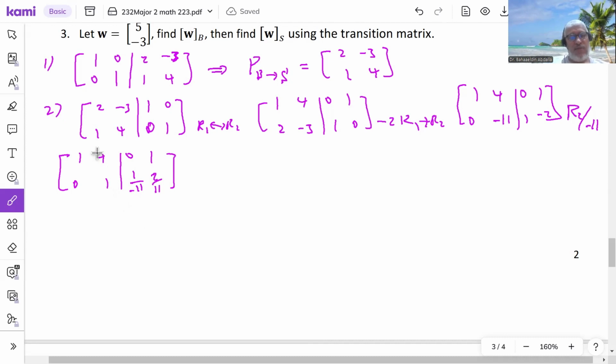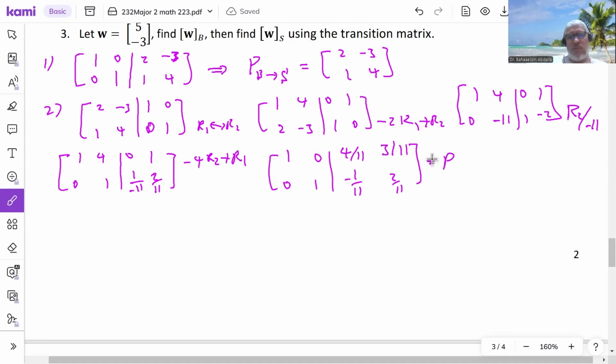And now I need the 4 to be 0, so negative 4R2 plus R1. Now 4 over 11 plus 0, negative 8 over 11 plus 11 over 11.